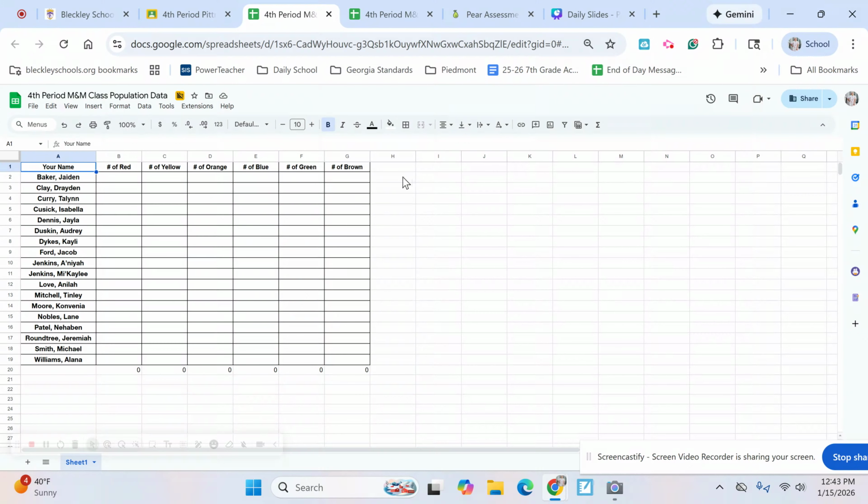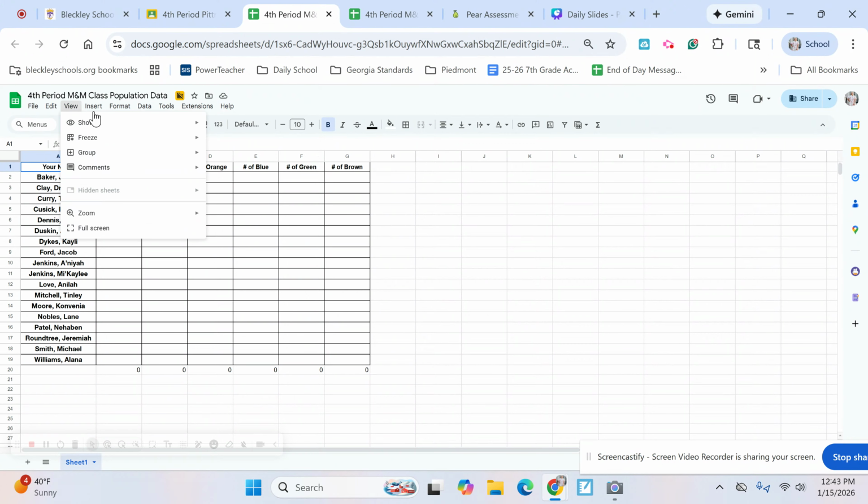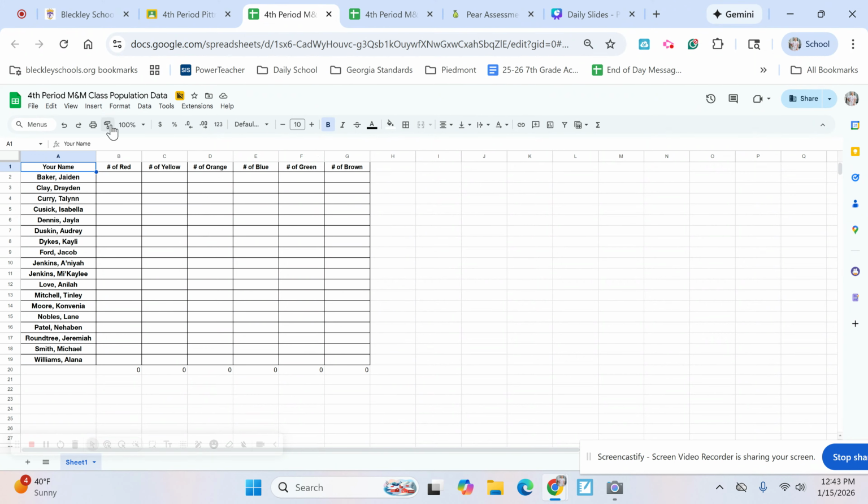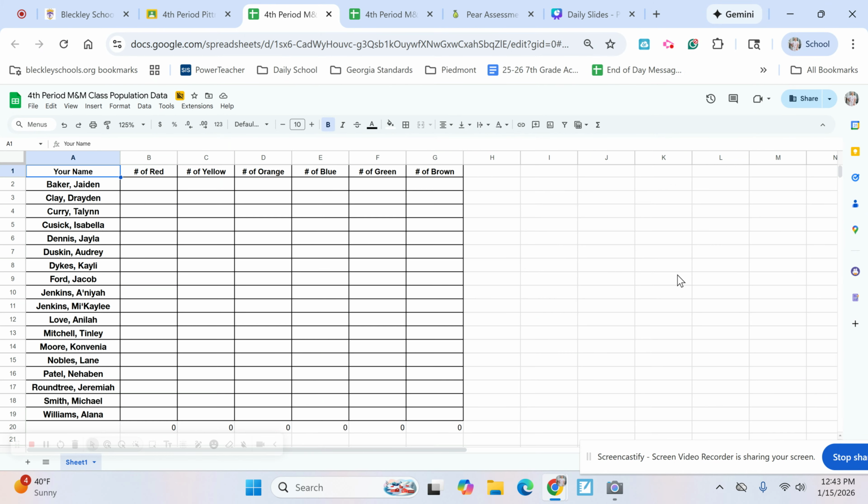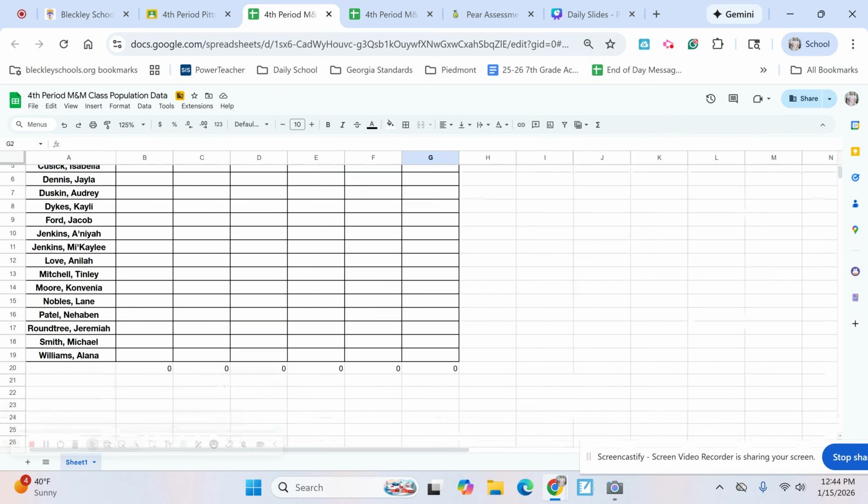So you can see, you are just going to come in and put how many of each one you have by your name. And we're going to gather the whole class's information, and it's going to add it up for us down here. As people are putting their numbers in, it's going to start adding it up for us.